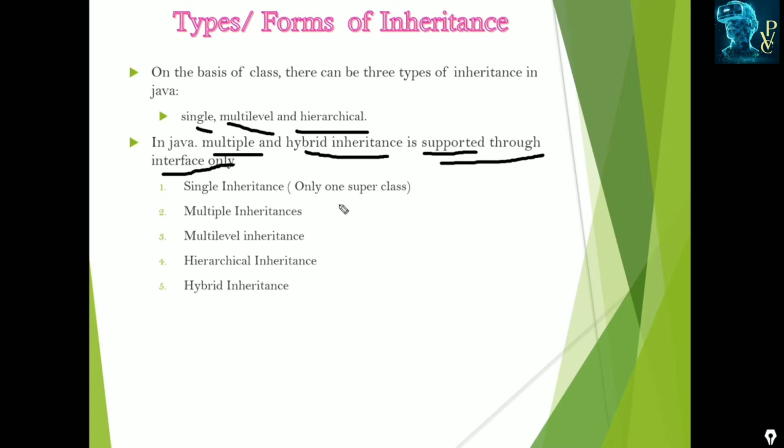Actually, the different types of inheritance are single inheritance, multiple inheritance, multi-level inheritance, hierarchical inheritance, and hybrid inheritance. Single, multi-level, and hierarchical inheritance can be done with the help of classes, but multiple and hybrid inheritance are implemented or supported through interfaces. That is a new concept in Java only.